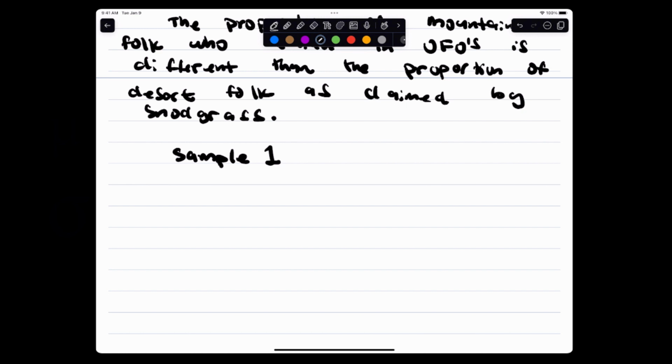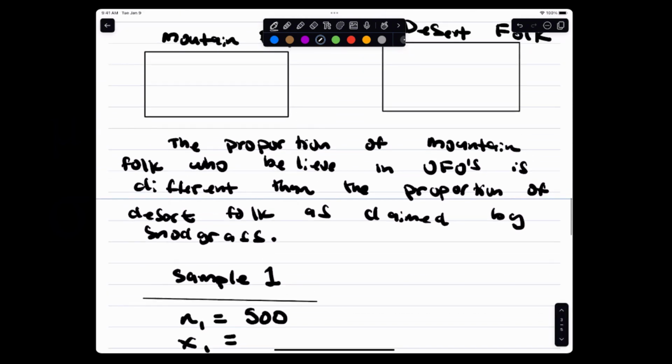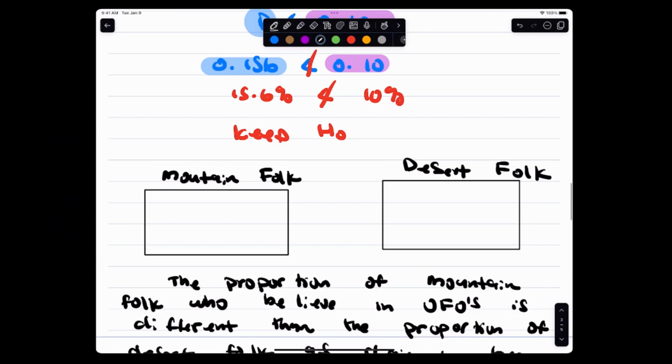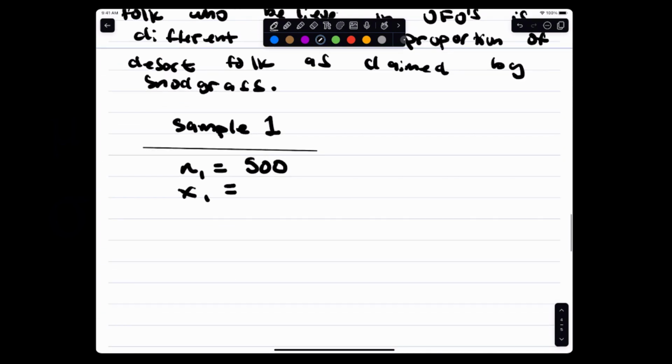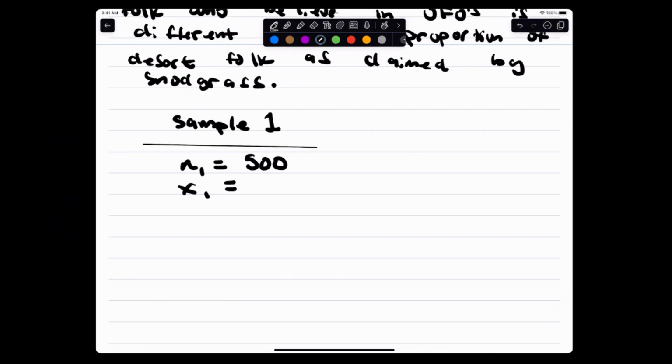Sample 1. The sample size here is going to be 500, okay? And in this case, who are we talking about? Mountain folk. The mountain folk who believe in UFOs, let's say this is 118. Sample 2.